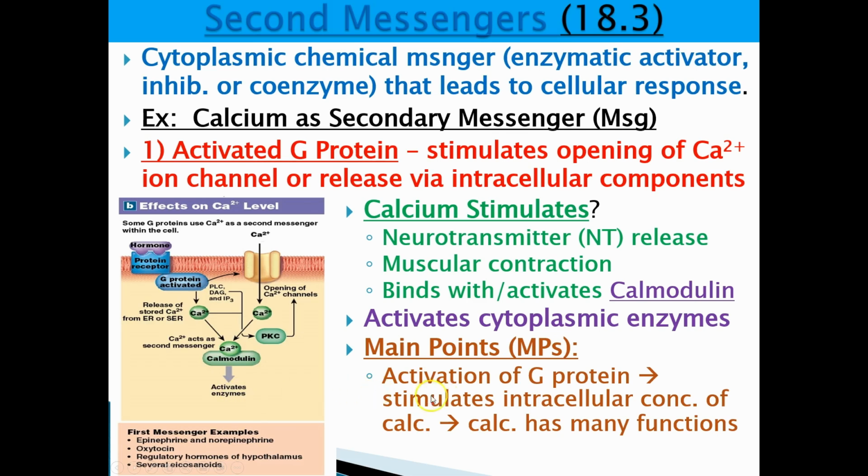So your main point: activation of a G protein stimulates the intracellular levels of calcium. Calcium has many functions, but its main function is to activate calmodulin, and calmodulin will activate cytoplasmic enzymes that carry out the chemical cascade that ultimately leads to a cellular response. Again, I'm surprised I don't have the words chemical cascade in my notes. That was something I was hoping to have.